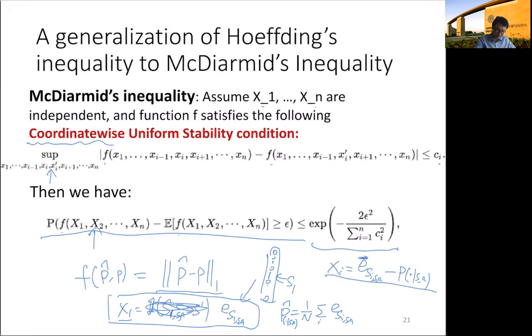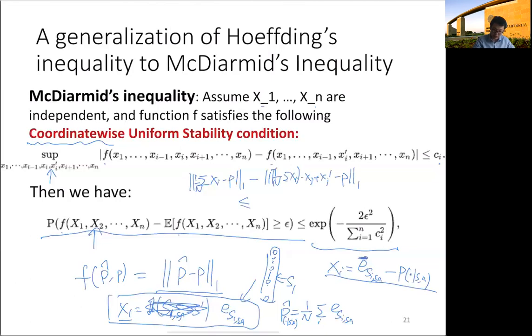So this is relatively easy to bound because this is essentially the summation of 1 over n x_i minus p, 1 norm, minus 1 over n summation of x_i with x_j replaced by x_j prime, minus p. So this is the only difference.